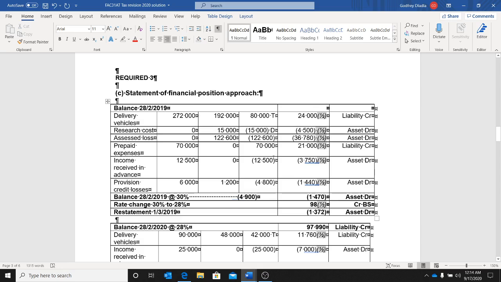Okay. Then we come to the assessed loss. Again, the assessed loss is behaving the same way like delivery vehicle, research cost, and the assessed loss itself. So you'll see the small figures are on the left, which is accounting.